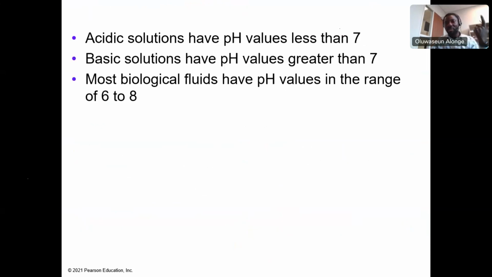Now, that means anything that has a value less than 7 is acidic, and the lower it goes, the more acidic. Anything that has a pH greater than 7 is basic. So we are basic because our blood pH is 7.35 to 7.45. Most biological fluids have pH between 6 to 8.